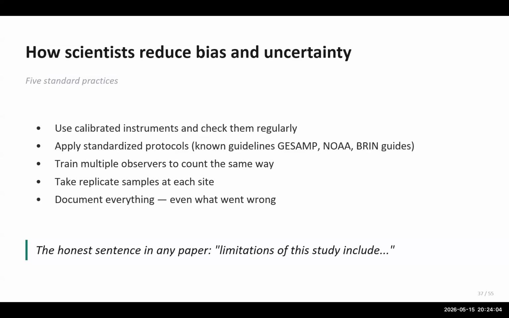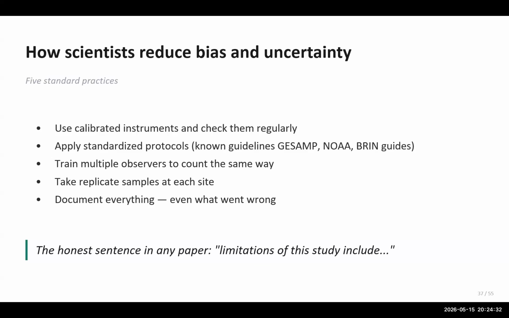So how do scientists reduce the bias and uncertainty? We have basically 5 standard practices. One is using calibrated instruments. For any instrument, for example, to measure the temperature, the pH of the water, the turbidity, or anything else, you need to check these instruments regularly.